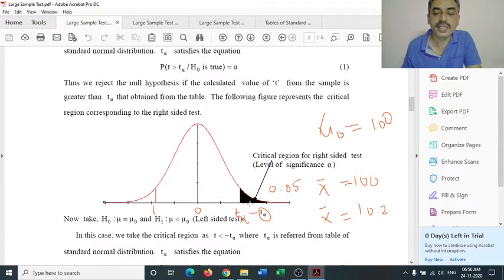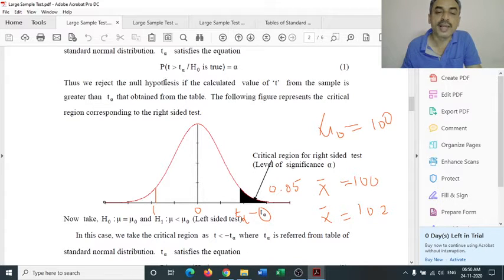Here this shaded sector represents the critical region, and its size is determined based upon this freedom for rejecting a true hypothesis. That is, if this area is 0.05, it means that the probability of rejecting a true hypothesis is 0.05, and this is the point t alpha, and t alpha to infinity is the rejection region.